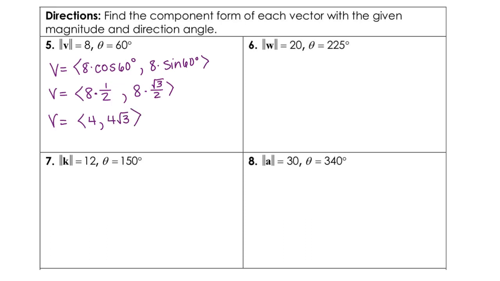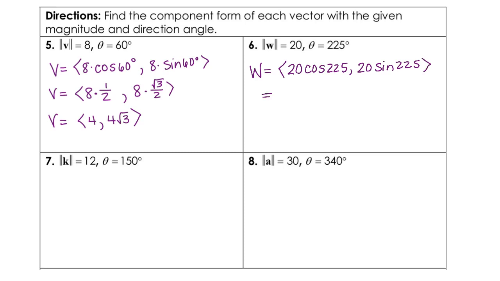All right, so looking at our next problem, number 6. Here again, we're going to try to find our component form. So our component form for vector W, we're going to have 20 times cosine of 225, comma 20 times sine of 225.